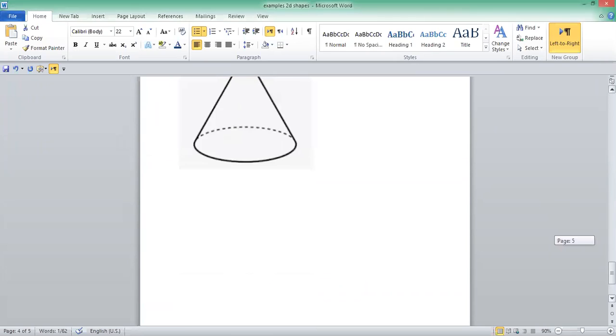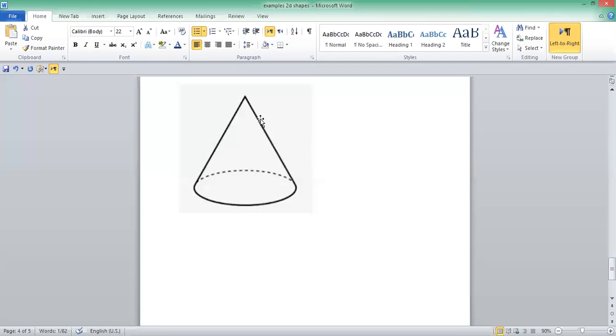Come down, guys. This is a cone. Look, this is the only vertex this cone has. This one is the curved face, and this one is a flat face. How many faces are there in a cone? 2.